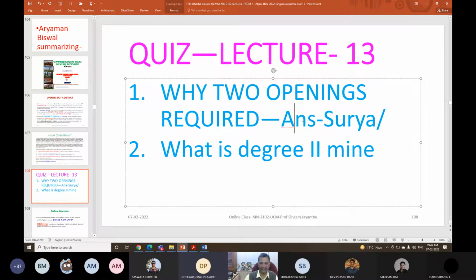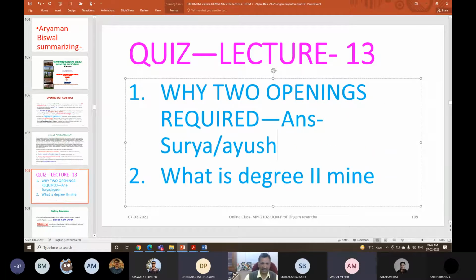Any other? Ayush, please. Sir, in our mine development, two safety openings are required for general safety purposes. If one is closed, then the other will be open for the people to come out. The main purpose is safety.